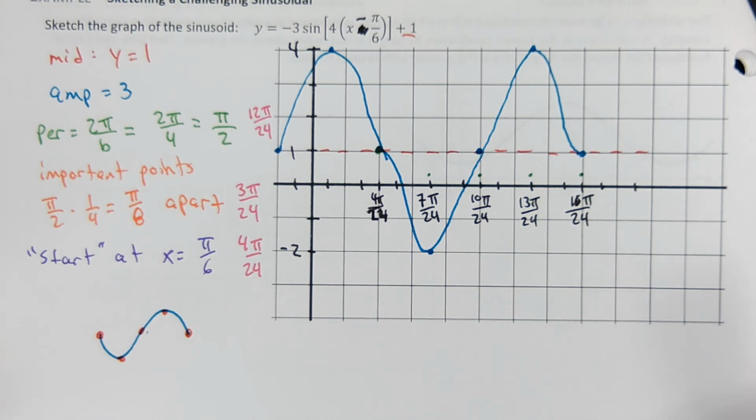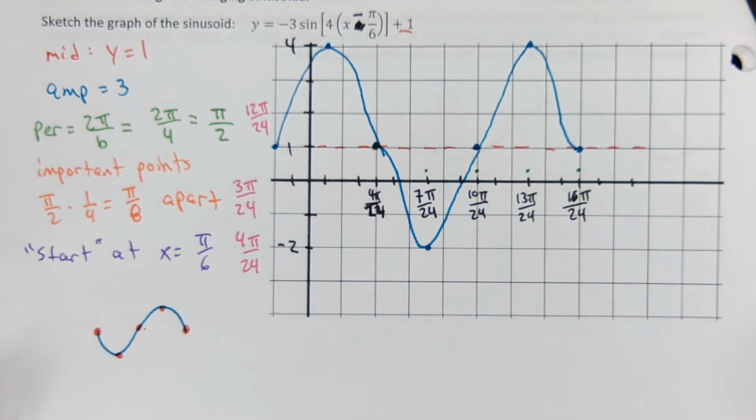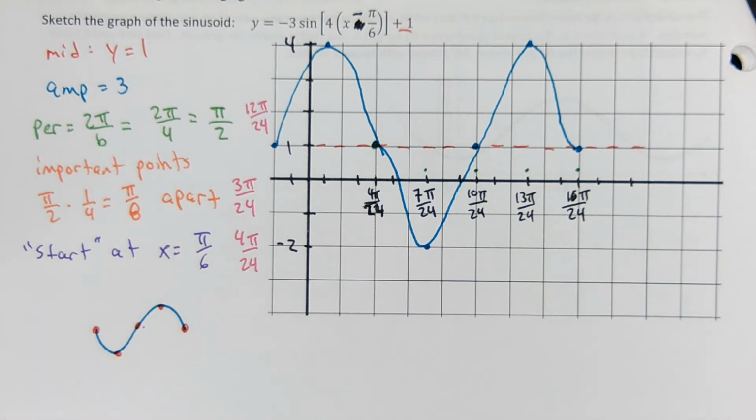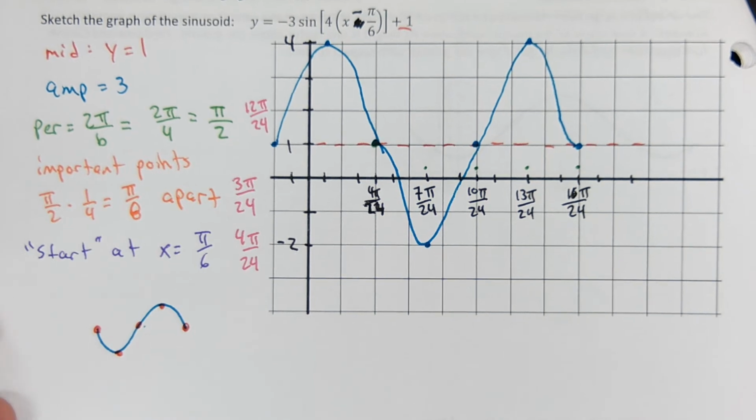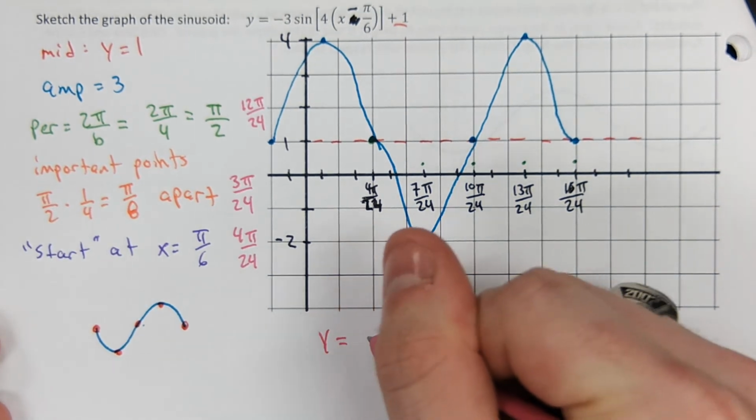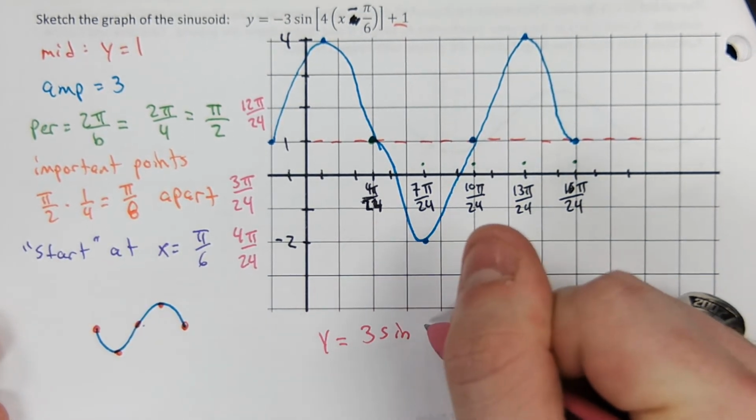So sometimes it is pretty beneficial to throw more on there just to see what's going on. We'll make it the last example for today. Since I said what that would be, let me go ahead and write it in there. A positive sine wave would have been y equals 3 sine.